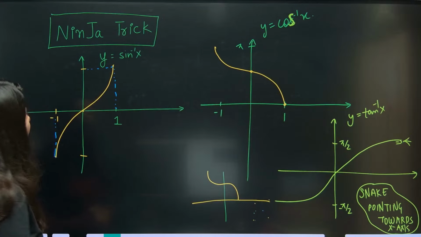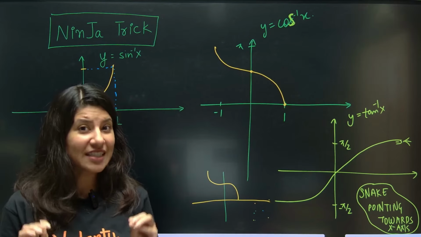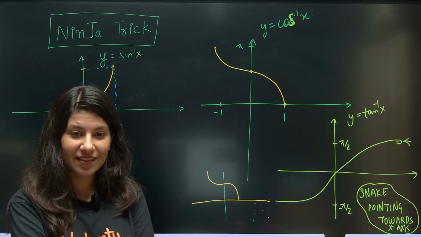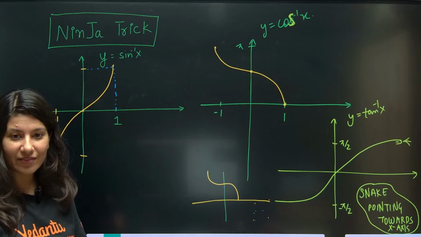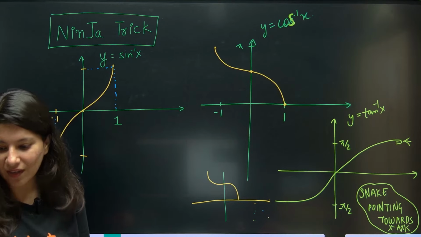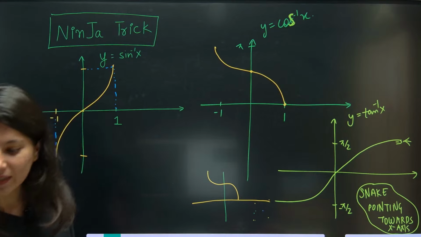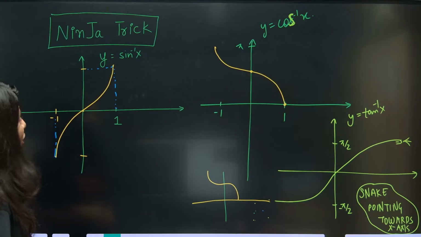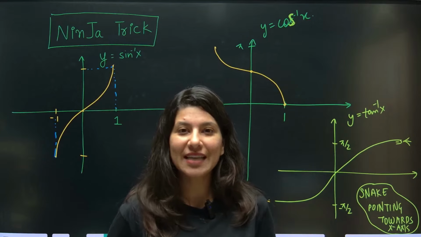Okay. So for these three graphs, you may feel a little relief that we can actually draw them. Drawing these graphs is not as difficult as it seemed in the beginning. But ma'am, what about those three giants, especially sec inverse and cosec inverse?